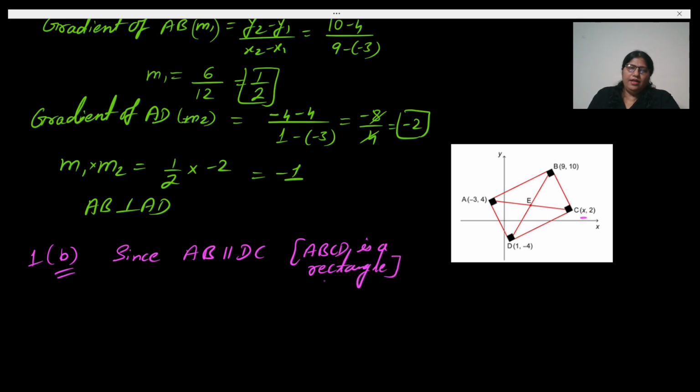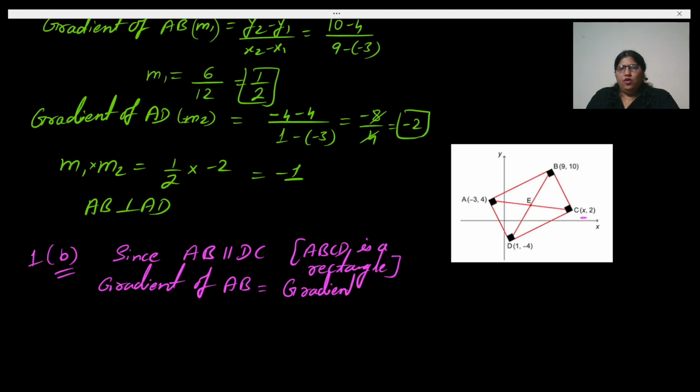Now, the gradient of AB will be equal to the gradient of DC.